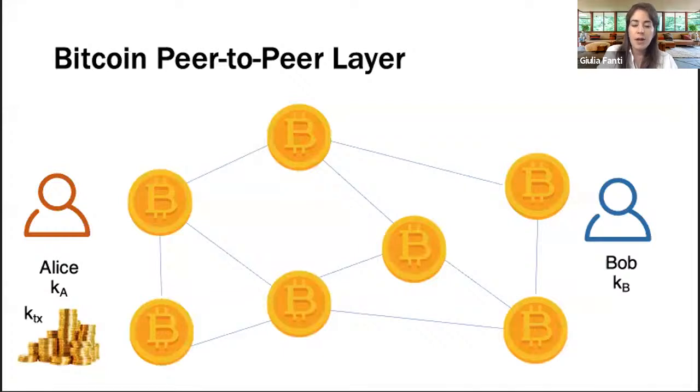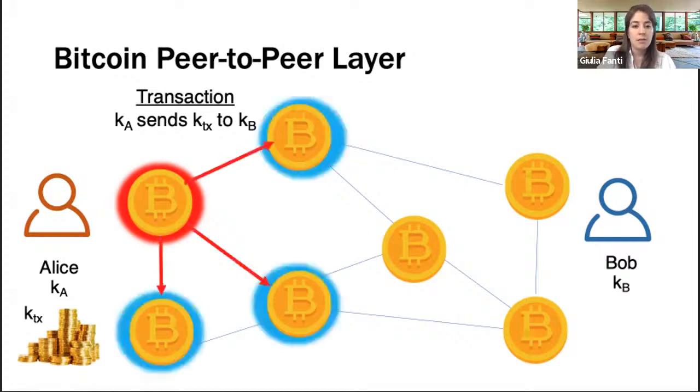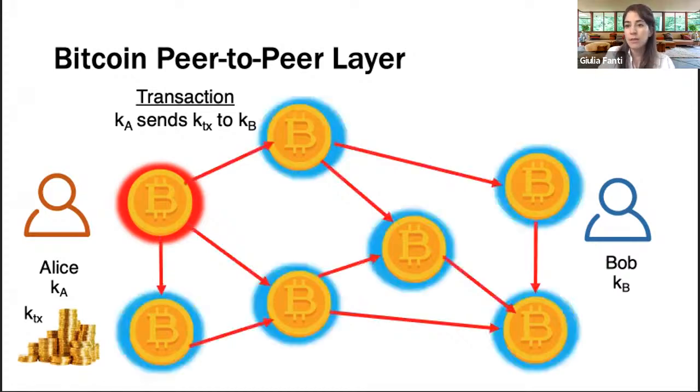So if a user, Alice, wants to send money to another user, Bob, the first thing that she does is to compose a transaction in plain text that says Alice, identified by her public key, sends money to Bob, identified by their public keys respectively. Okay. So this transaction message is sent in plain text over the network until all of the other nodes have seen this transaction. Okay, so now we all know about it.